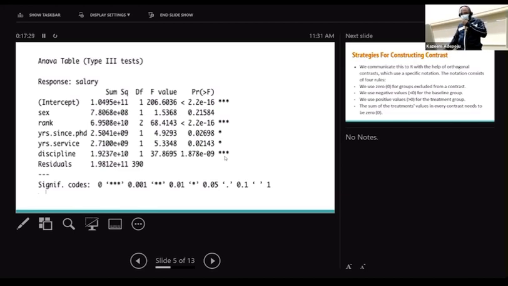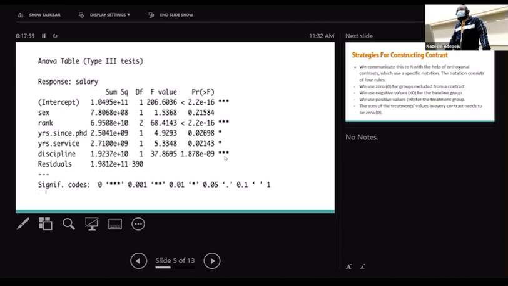They all play a significant role, except sex. There's no significant difference in the levels of gender of professors in terms of their salary, and that is expected. You get what I mean, right? There shouldn't be any significant difference. But based on this result, we wanted to do further analysis.